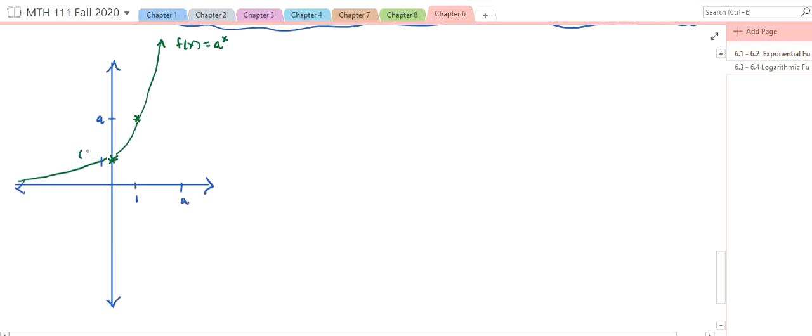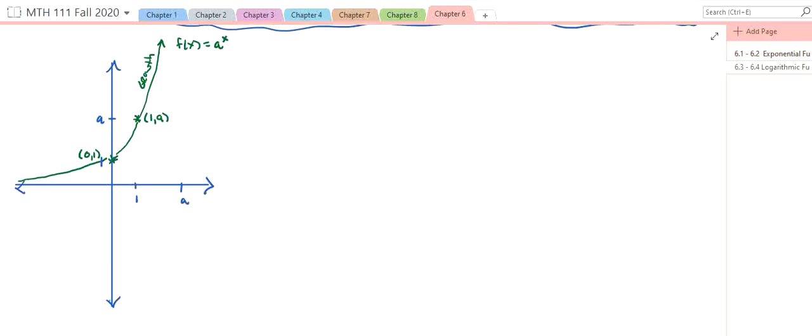All the exponential functions go through this point, 0, 1, and then they also end up going through this point, 1, a. As we talked about before, if you put in 0 in here, this function equals 1. If you put a in here, this equals a. So this is our exponential growth occurring.